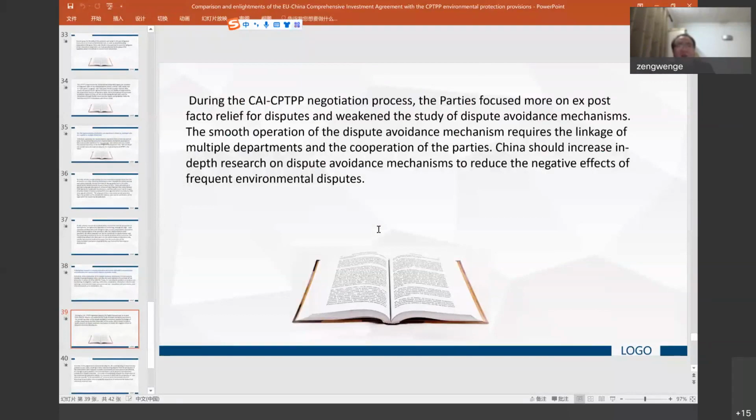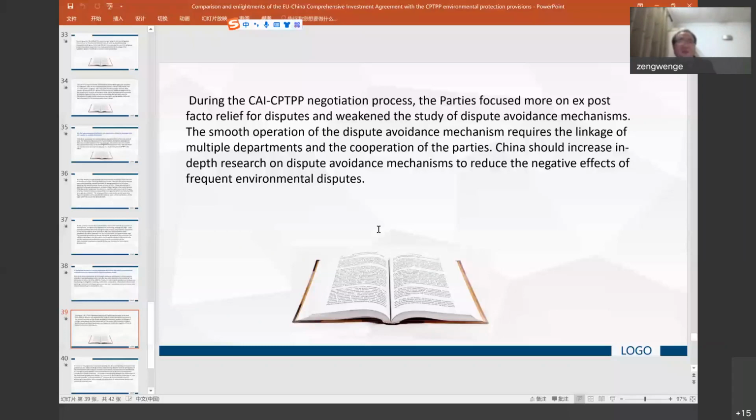China's deep research into the dispute avoidance mechanism reduces the negative effect of frequent environment disputes. We have had this kind of experience for a very long time. We use negotiation and other methods to adjust these complex matters rather than using the dispute process. This is a new idea.